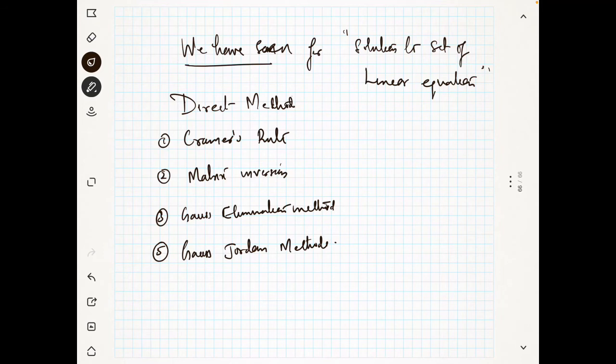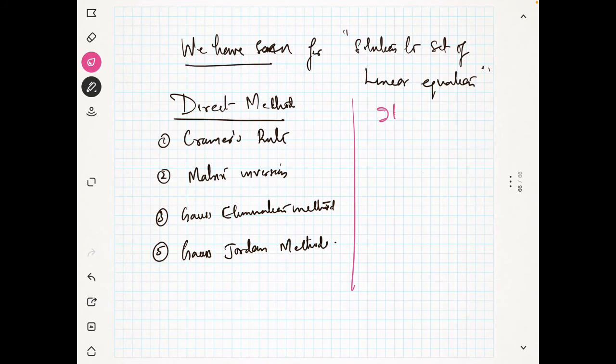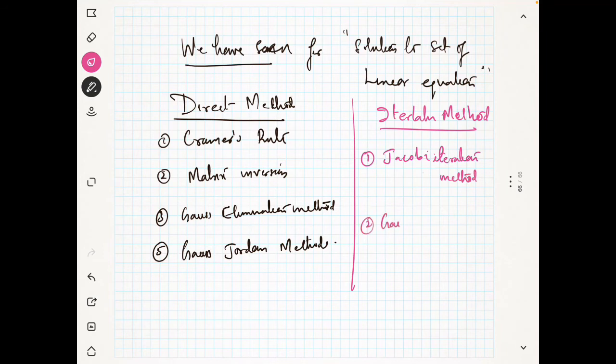Now we have something known as the iterative methods also. Now we will see something known as the iterative method. We will see two methods here: the Jacobi iteration method and the Gauss-Seidel iteration.